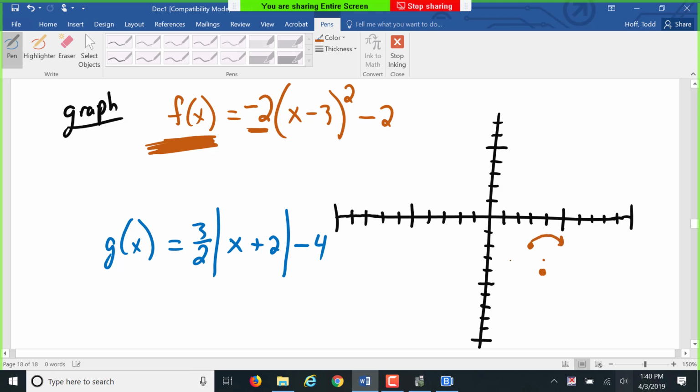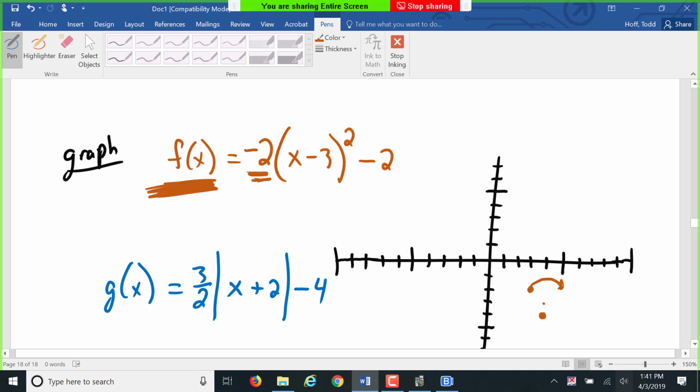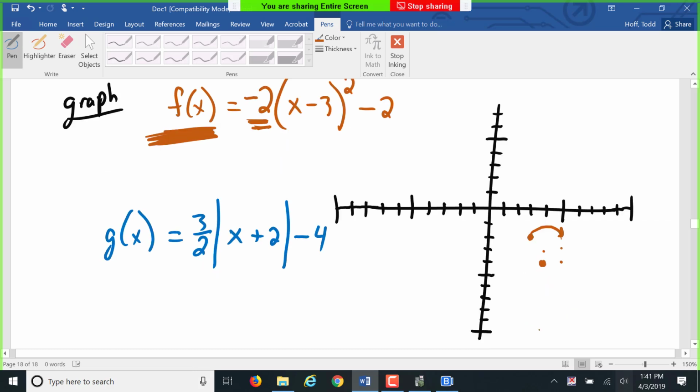If I went over 2, 2 squared is 4, right? Times negative 2 would be negative 8. So from that vertex, I go over 2, I go down 8. Giving me that curve over there.